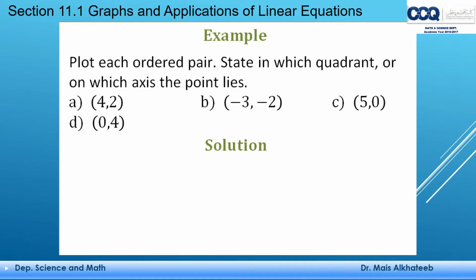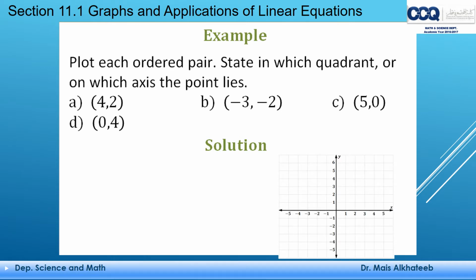I take this example now. Plot each ordered pair, and state in which quadrant or on which axis the point lies. The first point is (4, 2), the second point is (minus 3, minus 2), the third point is (5, 0), and the fourth point is (0, 4).